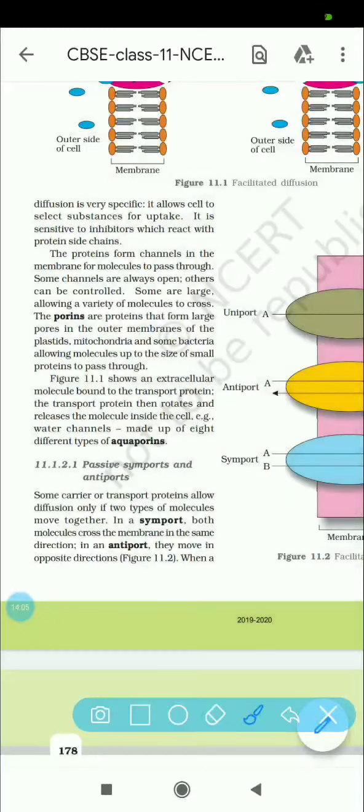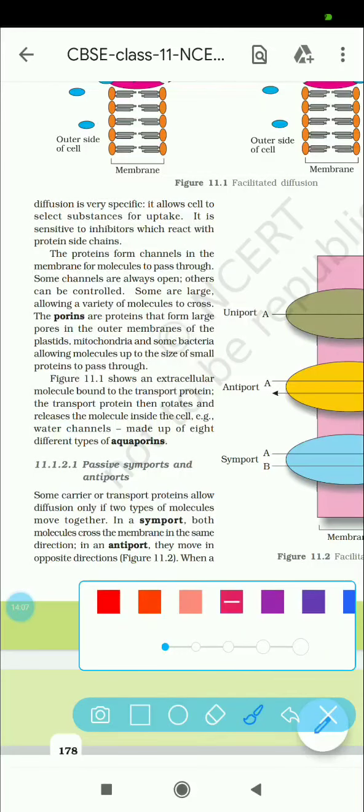Now they have given examples of some of the proteins, like porins. This protein can form channels in the membrane, and these channels can be open or closed, and if they are open they will allow the movement of certain substances. So porins are nothing but pore forming proteins.